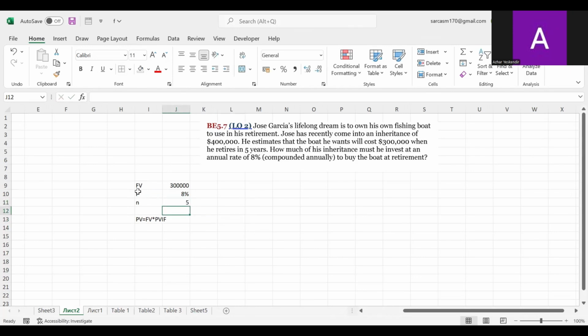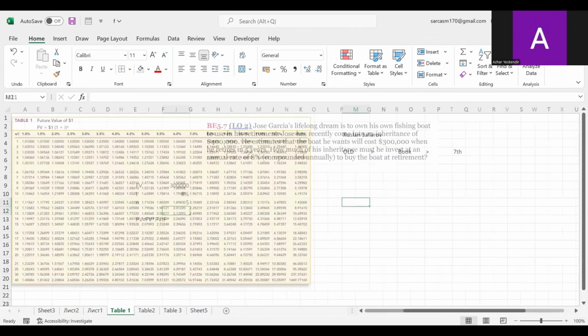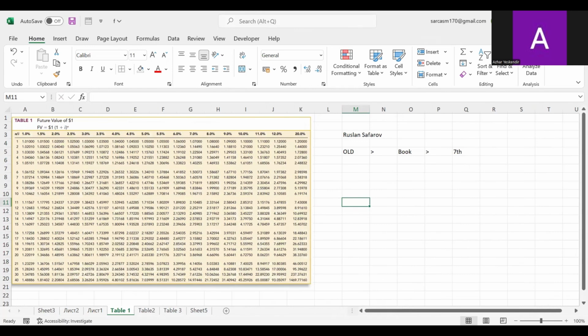We can find it using a table. You can find those tables, for example, on the L Drive. You go to Ruslan Safarov, then Books, then a book called Sevens.